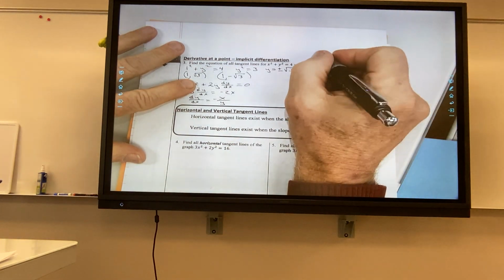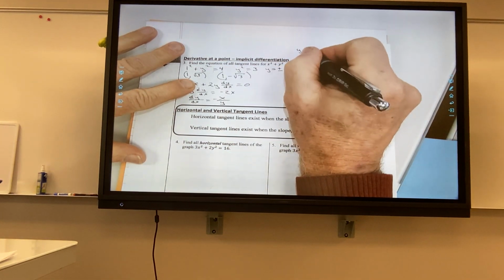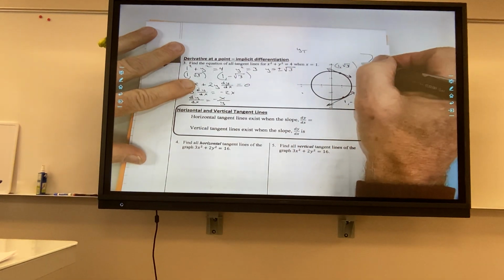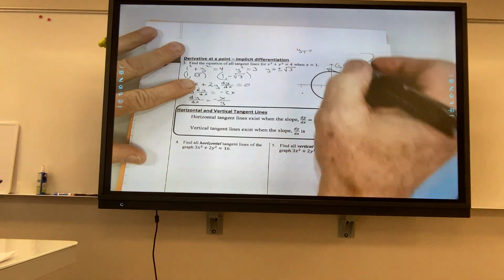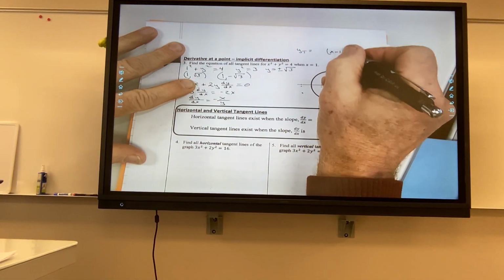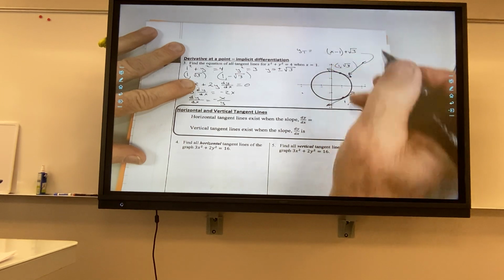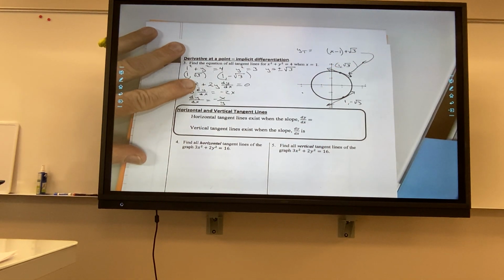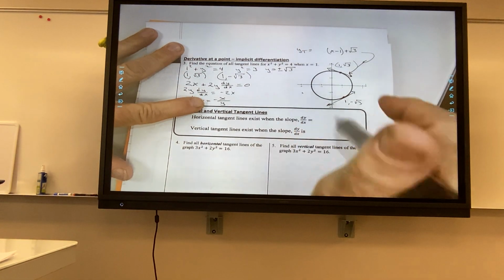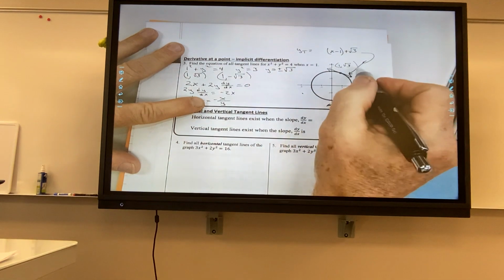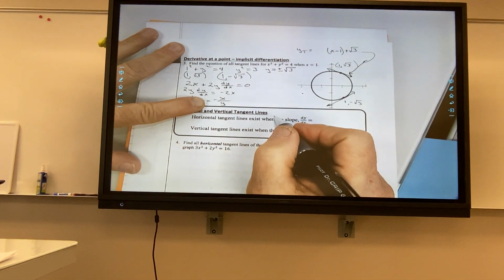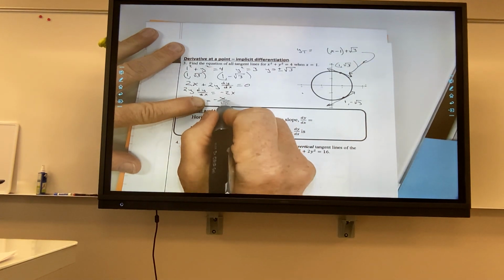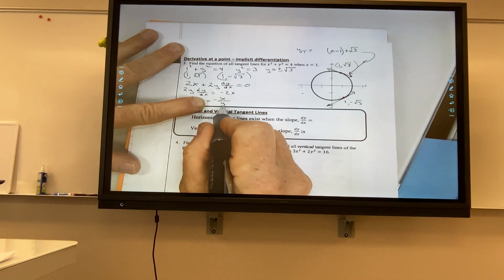So let's come up with a tangent line up here. This is this tangent line. I'm going to have y minus the square root of 3 equals the slope times x minus 1. There's my point that Callan said I had to have, right? So Callan, if I plug 1 in for x and square root of 3 in for y, what's my slope?